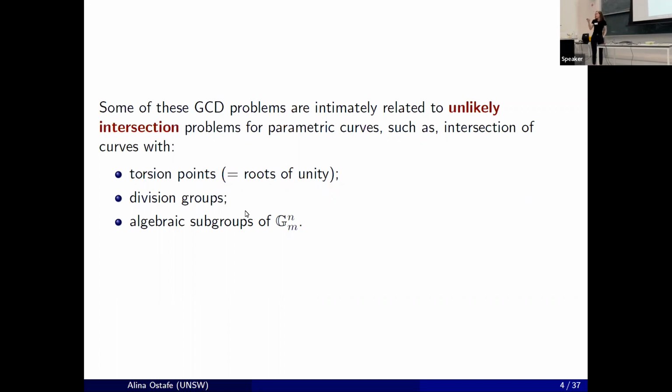And these unlikely intersection problems are about intersections of parametric curves with torsion points. Here, torsion point means, for me, in the multiplicative sense, roots of unity, where all coordinates are roots of unity. Or, more generally, division groups, or algebraic subgroups of the multiplicative group.